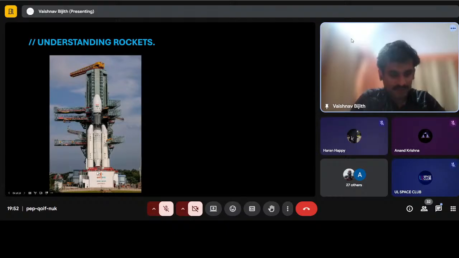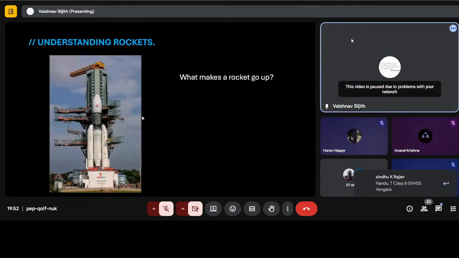The question is, how does a rocket push itself from the launch pad and shoot itself into the atmosphere and then into outer space? What makes a rocket go up? What pushes the rocket from the ground?